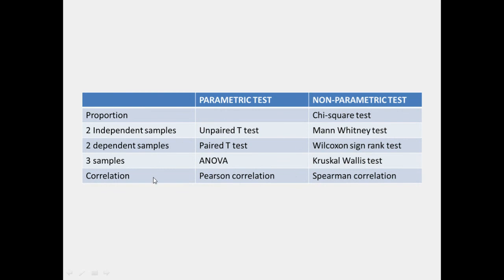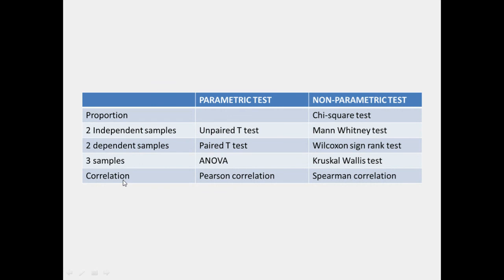Next is correlation. Now what is correlation? Correlation, as the term suggests, is finding out the relation between two variables. Suppose the magnitude of one variable is increasing, you have to find out whether the other variable is also increasing or reducing. So basically you're trying to find out the relation between the independent variable and the dependent variable.